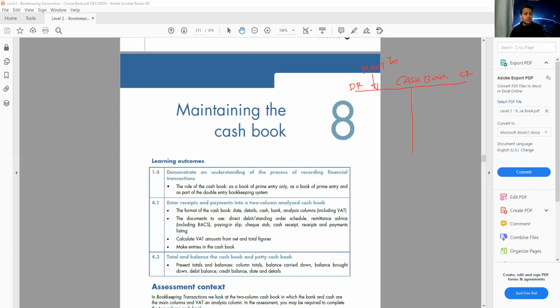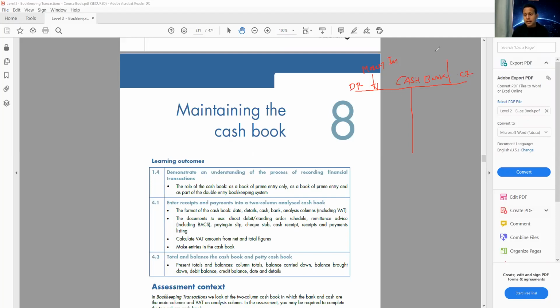All right. So debit side is all about money in. Credit side is all about money out from the business, how much money is actually paid out from the business.